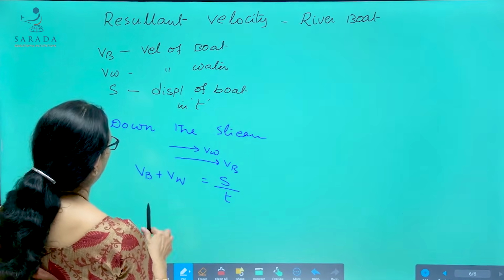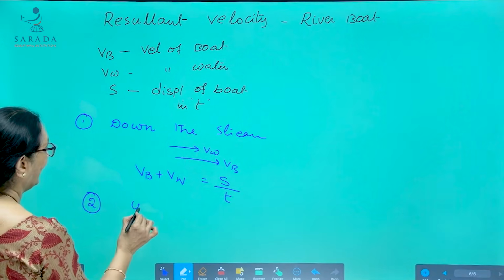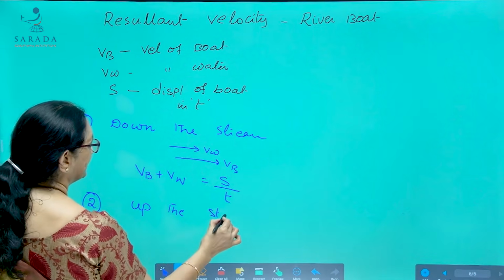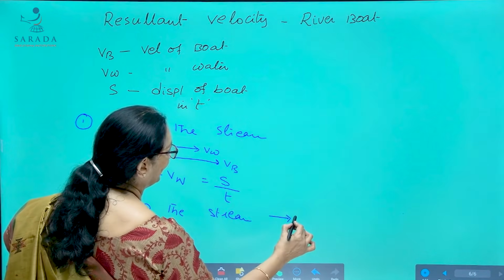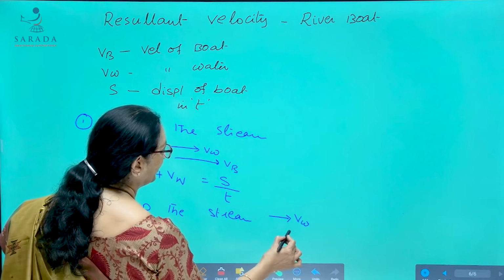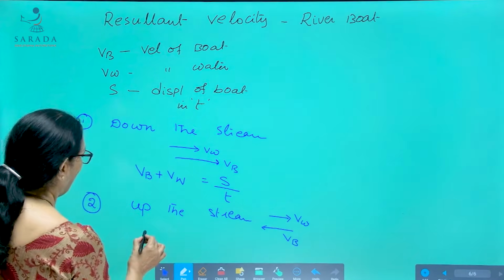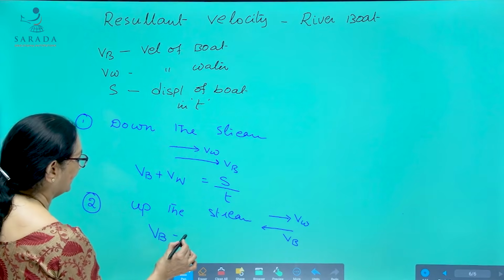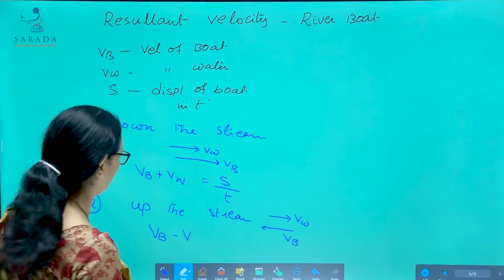Now, coming to the second concept. If the boat is moving up the stream, that means if water is moving in this direction, the boat is moving in the opposite direction. Then as the two vectors are in opposite directions, the resultant magnitude is the difference of their magnitudes.